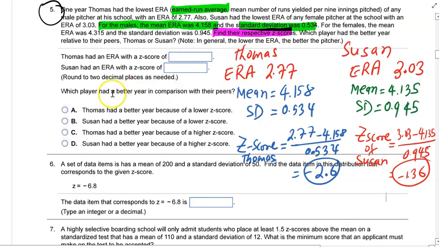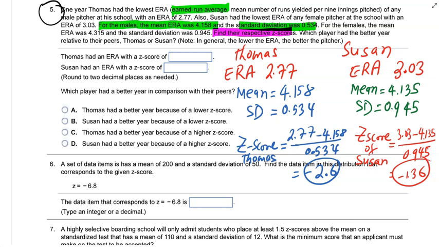And the last question is, which player had a better year in comparison to their peers? Remember that a better year means a lower ERA. Therefore, the person who has the lower ERA has a better year.